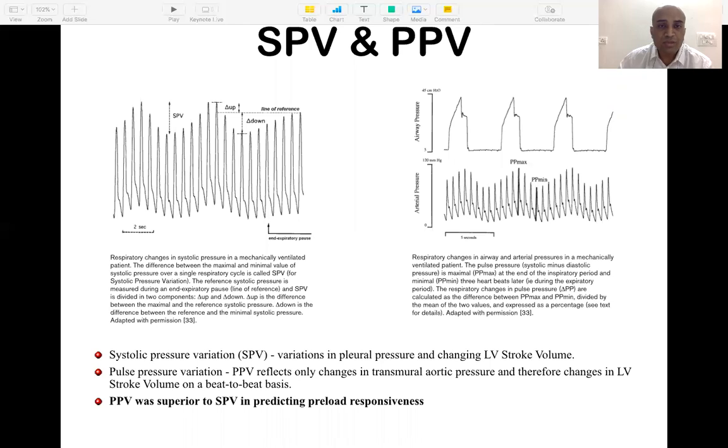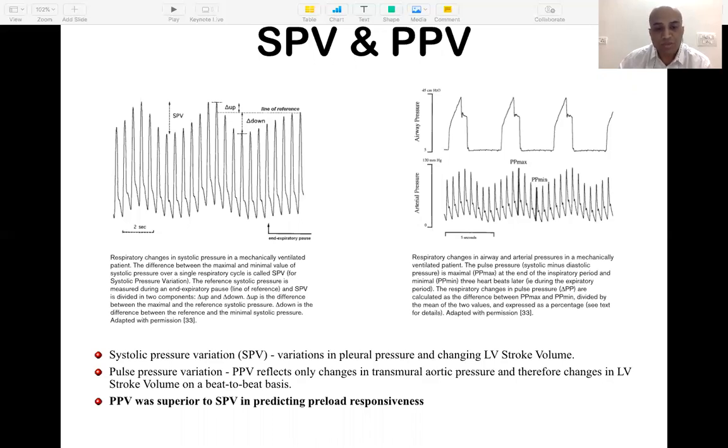Next, what we can measure is the stroke volume variation, systolic pressure variation, and pulse pressure variation. It is the difference of the systolic pressure and the pulse pressure between a respiratory cycle. We already discussed that at the end of inspiration it will be maximum, and at the end of expiration it will be minimum. But when you compare systolic pressure variation with pulse pressure variation, systolic pressure variation is influenced by pleural pressure along with change in the left ventricular stroke volume.